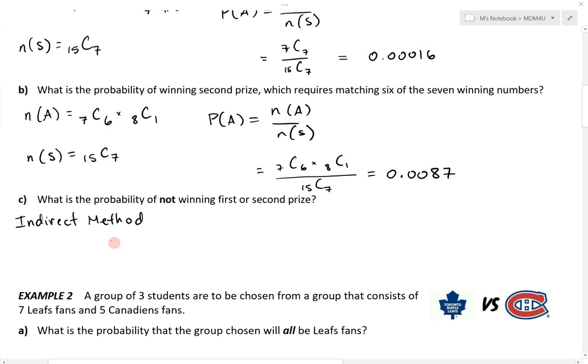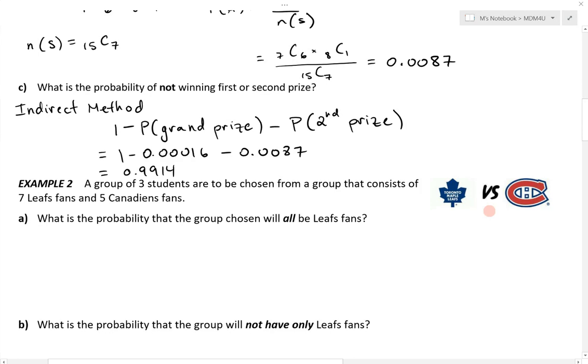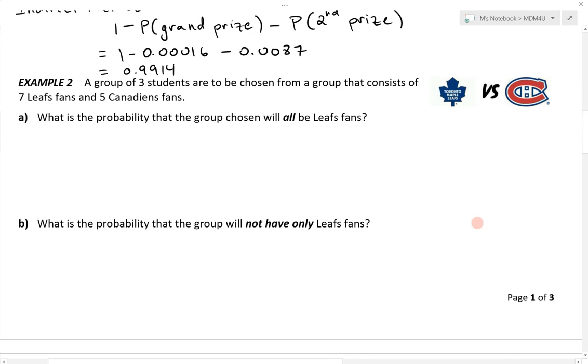So it's going to be 1 minus the probability of the grand prize minus the probability of the second prize. That's going to be 1 minus 0.00016 minus 0.0087, giving us a probability of 0.9914. So there is a 99% chance that we will not win the first or second prize. And that's just how usually lotteries go.